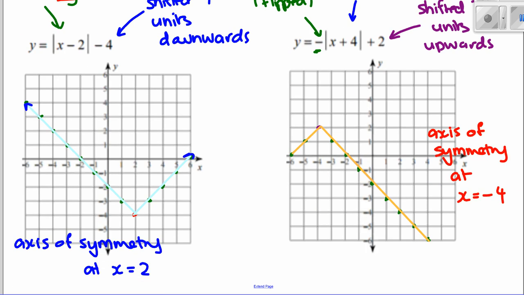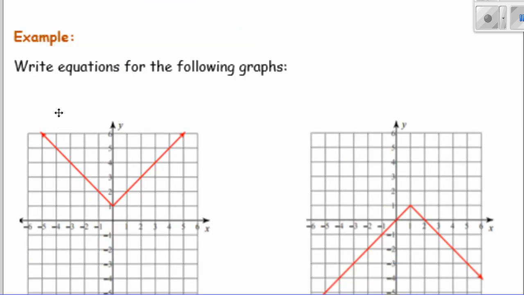So write equations for the following graphs. So they all seem to be absolute value functions. That's easy enough. I tend to kind of look to think, what's happened to this little point? So it's the graph of y equals absolute value of x, and it's just been shifted 1 unit upward.